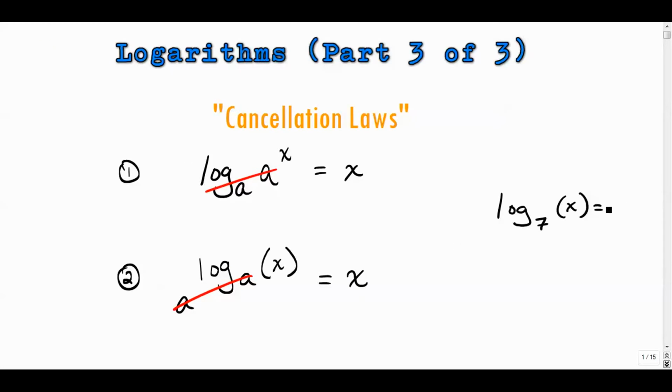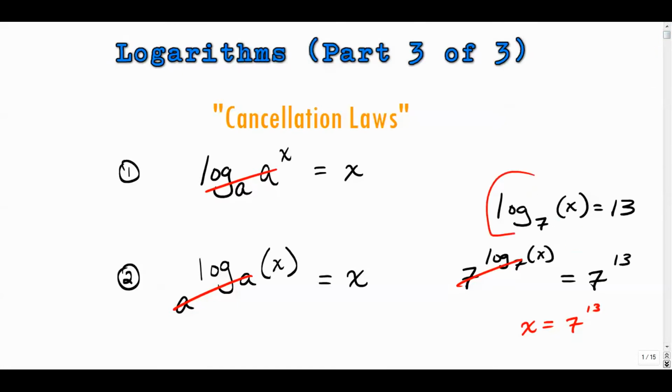In this example, log base 7 of x equals, let's say, 13. You can use the relationship, which we'll talk about in a second, but you can also do this: 7 to the log base 7 of x equals 7 to the 13th power. We're trying to match this number with this number so they cancel. So x equals 7 to the 13th power.